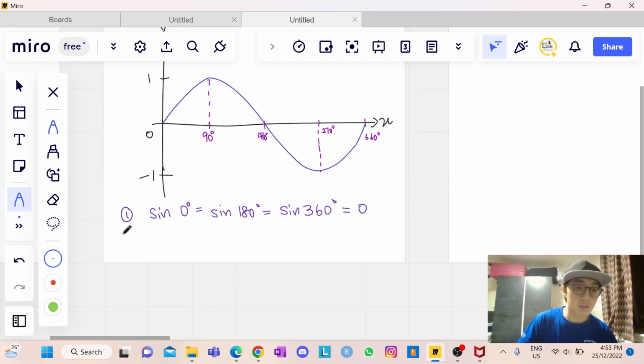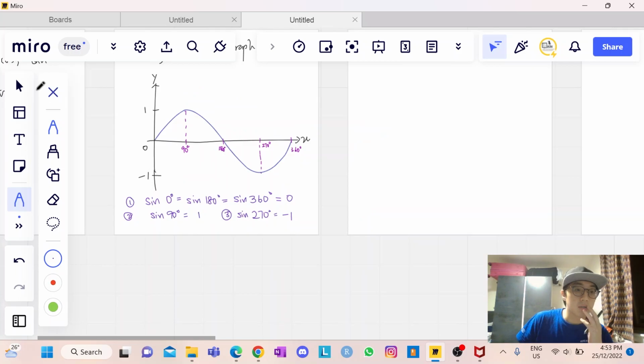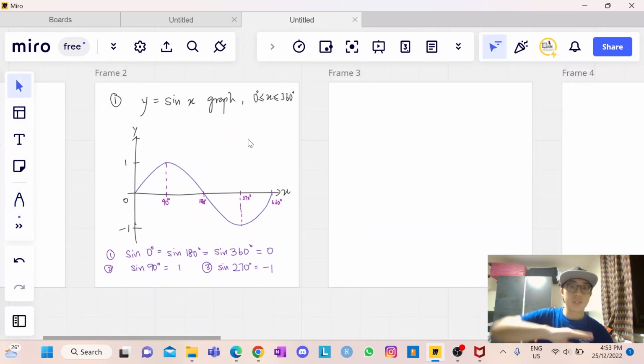This is number one. Number two, sine 90 degrees equals 1. And last but not least, sine 270 degrees is -1. These are the simple properties of a sine graph. So when you see an upward wavy line, then you know this is a sine graph.